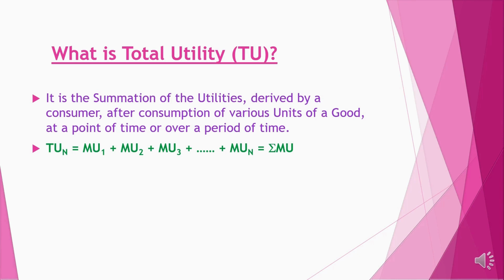Here TU is the total utility for all the n units and MU is the marginal utility after consumption of each single unit. This formula says that the total utility after consumption of n number of goods is the sum of all the marginal utilities derived from consumption of each and every unit of the goods, starting from the first unit to the nth unit of the commodity.